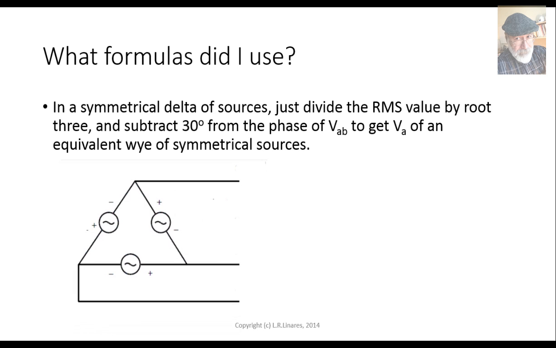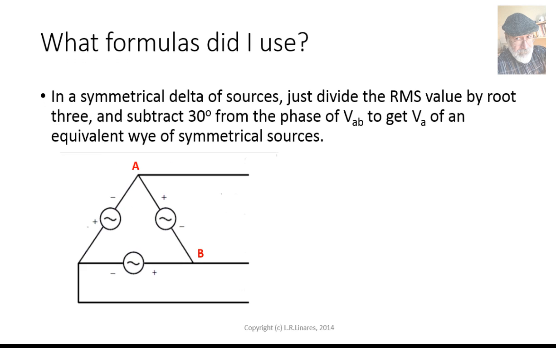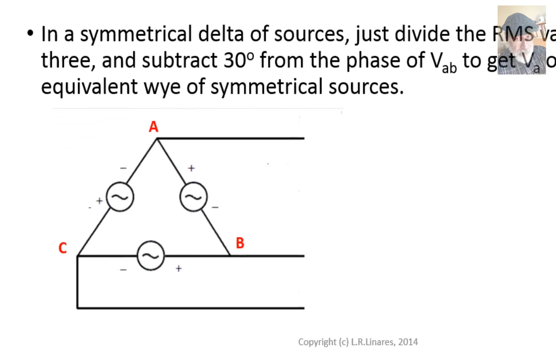What if the delta is not one of impedances like this one? Well, in a symmetrical delta of sources, that means if all the sources have the same RMS value and are out of phase by 120 degrees, to convert that delta to a y, I only focus on the source between phases A and B. That is the only one I will use to transform the delta into a y.